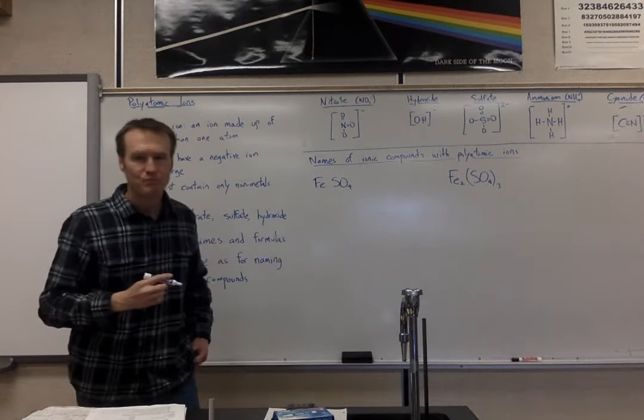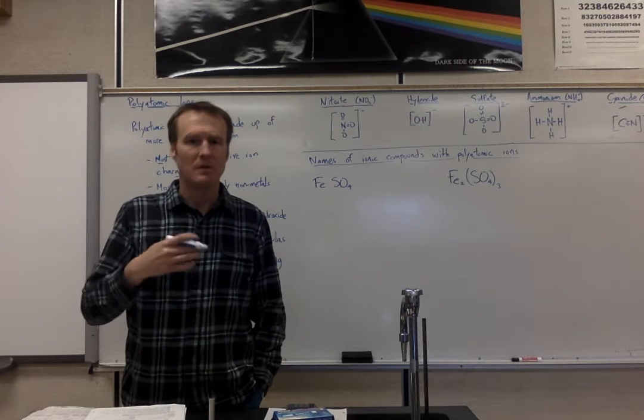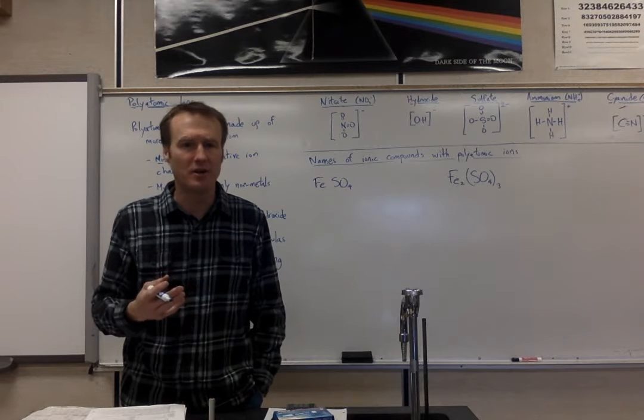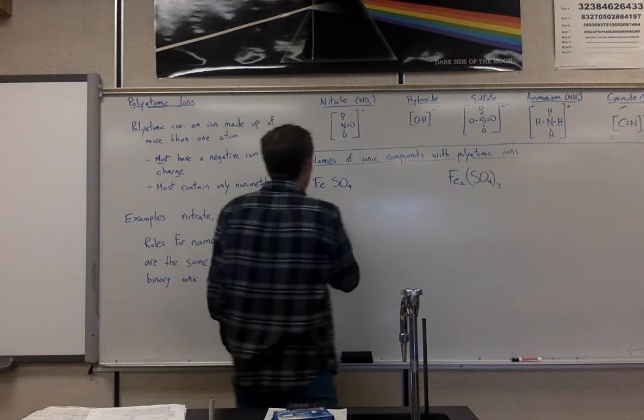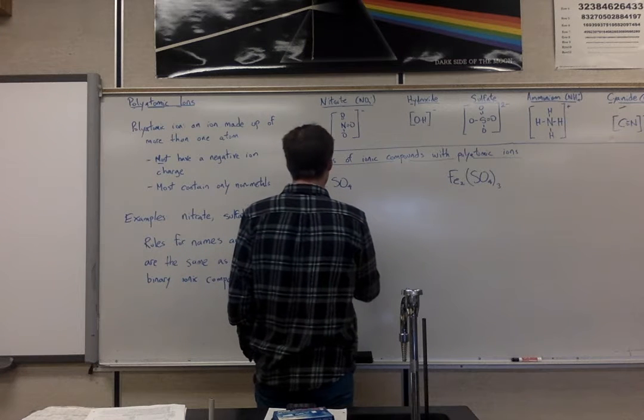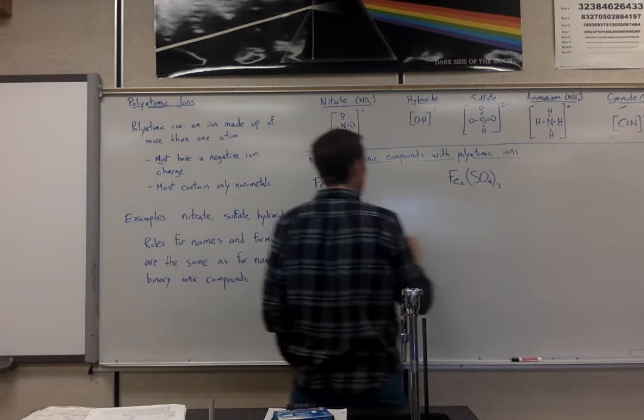All right, let's start with the easy part. The periodic table will tell you, if you don't already know, that Fe is iron. In fact, we can put iron for both of these because they both say Fe.